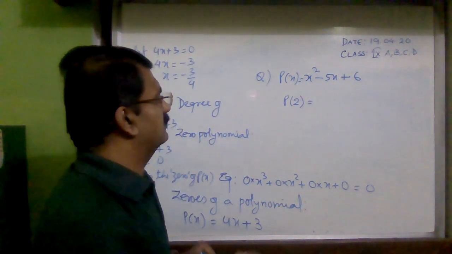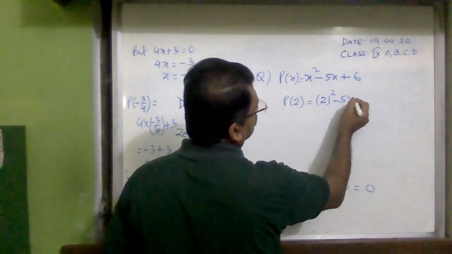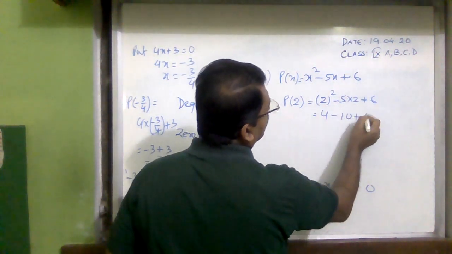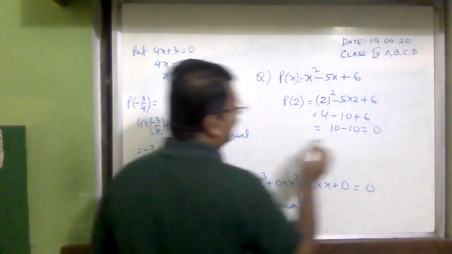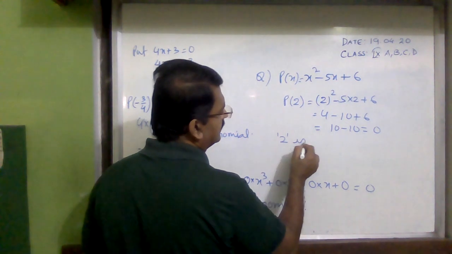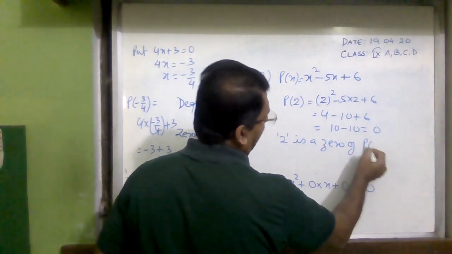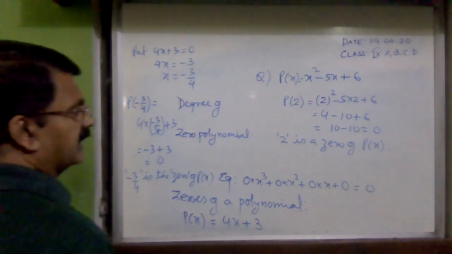In place of x when you write 2, you can see we are getting 0. That means 2 is a zero of p(x). Clear?